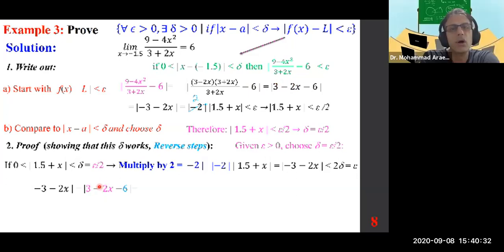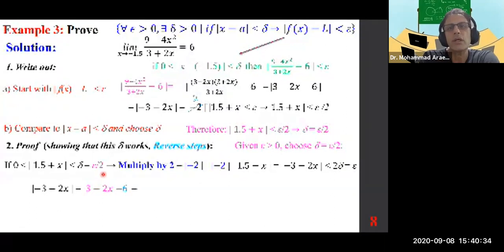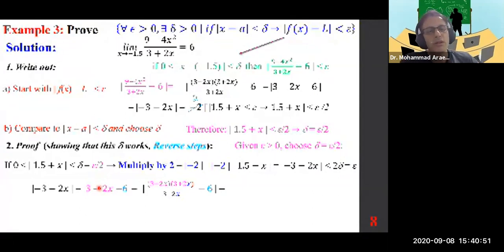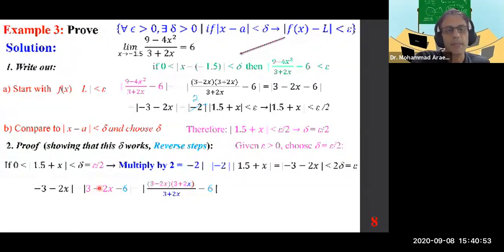We want the top to be 9 minus 4x squared, so it requires to be multiplied by 3 plus 2x. So I can look at this one and say I'm going to multiply it by 3 plus 2x. To undo it, I'm going to divide by 3 plus 2x also. So take a look. So 3 minus 2x and 3 plus 2x. Okay. So we have that. And now notice what happens.